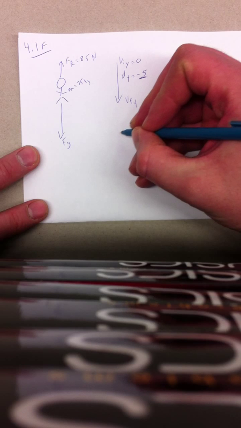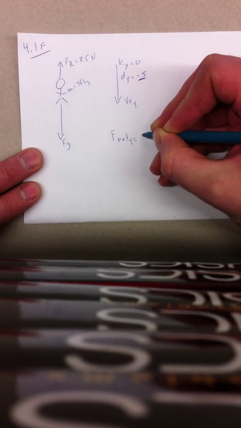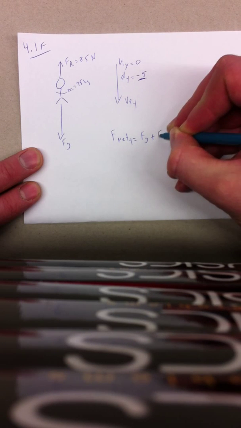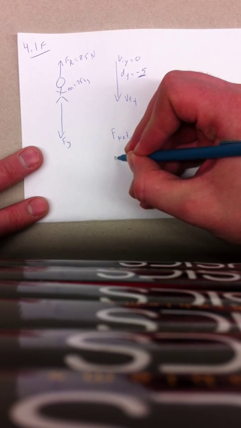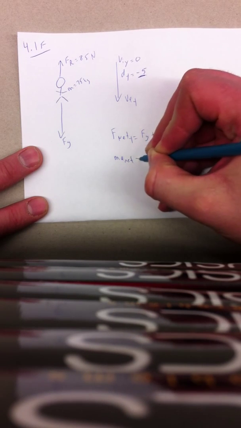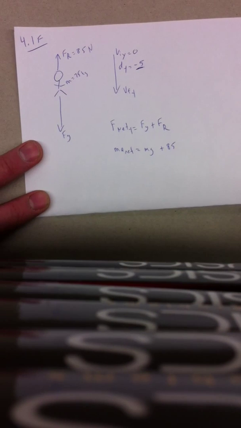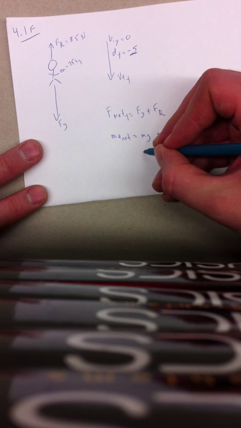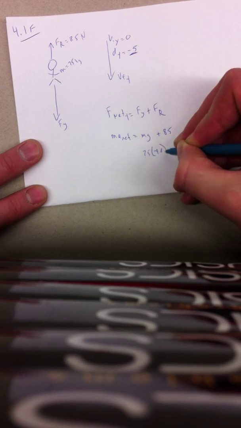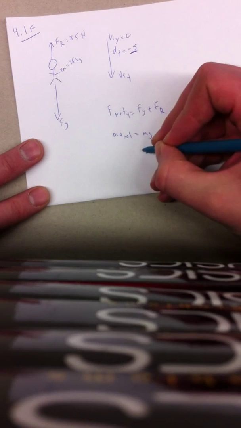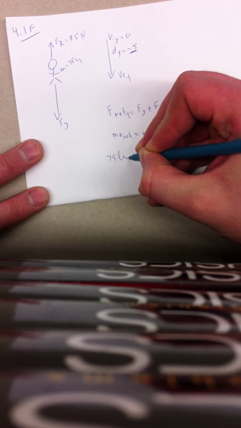Now we have F net Y is equal to FG plus FR. I want you to figure out the net acceleration. FG is going to be m little g, and FR is just 85. So the mass is 75 times negative 9.8, plus 85, and this equals 75 A net.